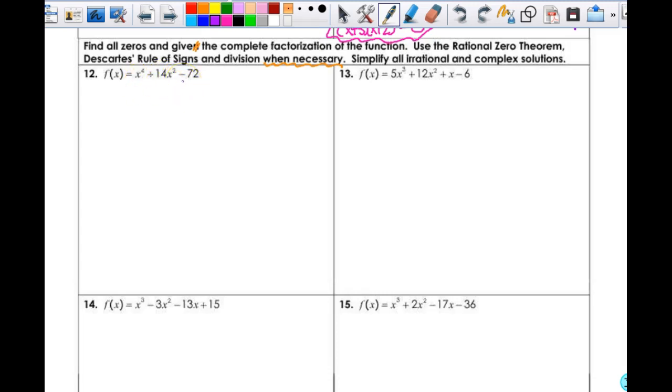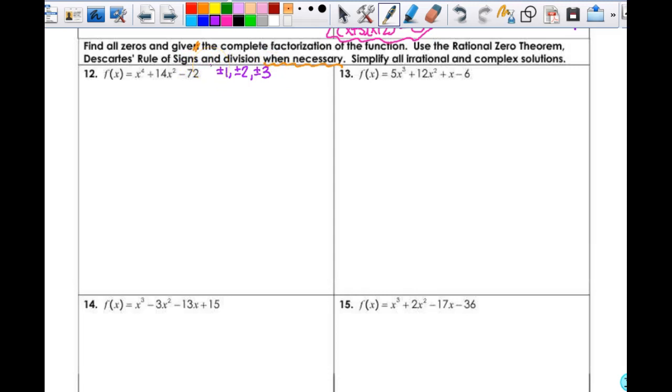So it might help you to have the factors of these written out, just because doing that is going to help you with this. So let's just start with that. So plus or minus 1, plus or minus 2. 72 is divisible by 3. Okay, so 3 goes into 7 twice with 1 left over, and so that would be 12.